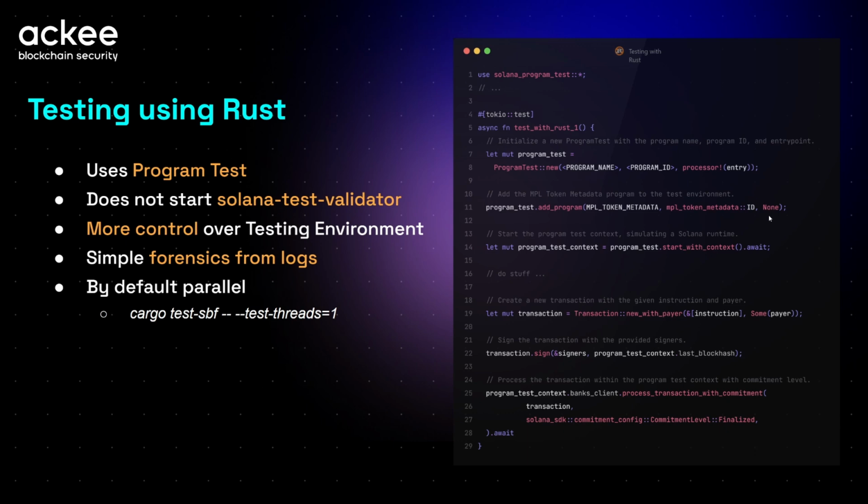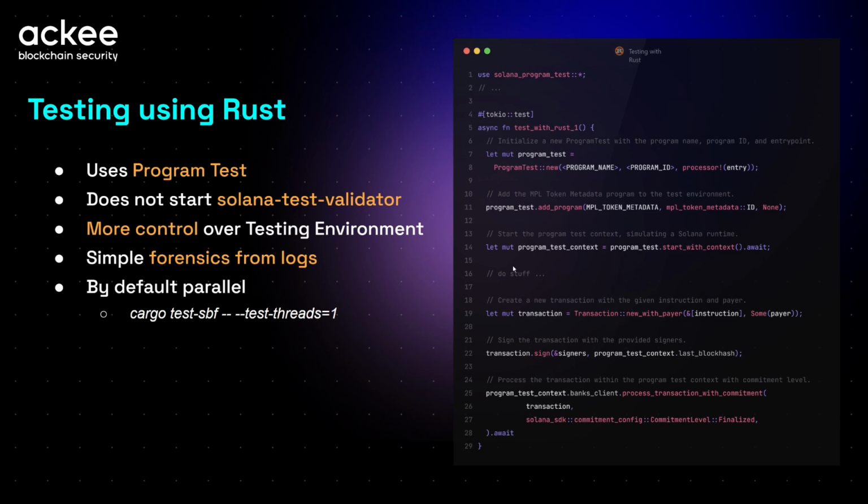This is quite interesting, as you do not have the entry point of this program, as this program is in binary format. So basically for you it's unreadable. It can be read only by your machine. So you do not have the entry point, so you specify none here. And the program test automatically reads the binary file from the fixtures folder and includes it in the program test environment.